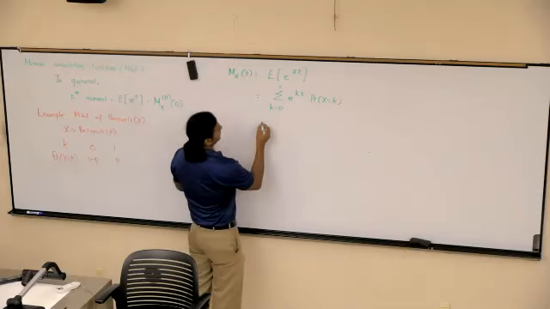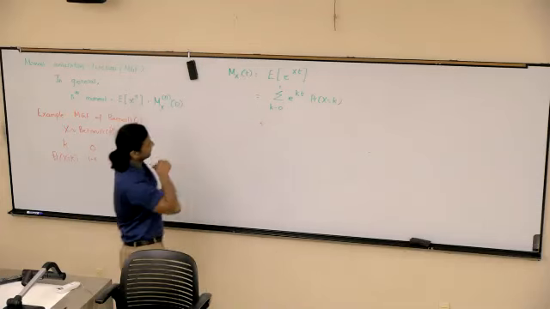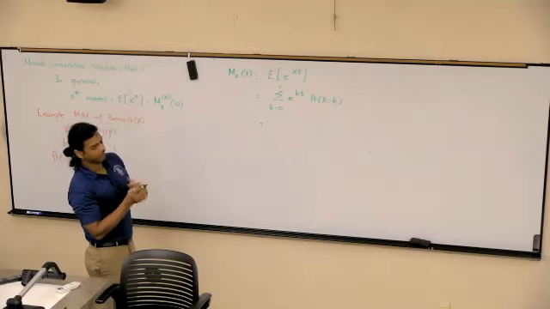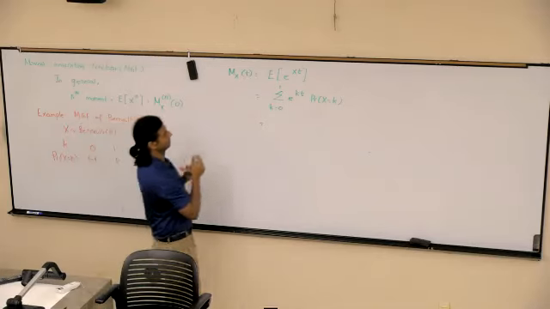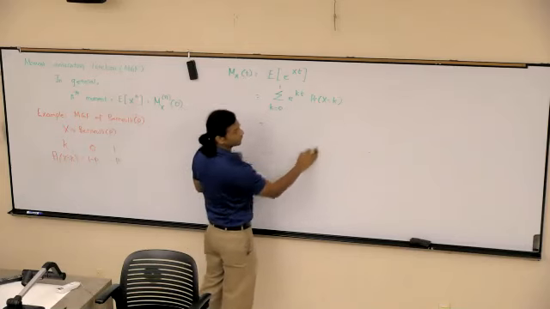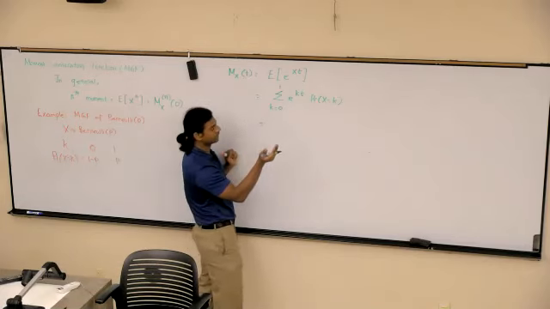So when k is 0, what do we get? e raised to 0 times the probability that X is equal to 0, which is 1 minus p.